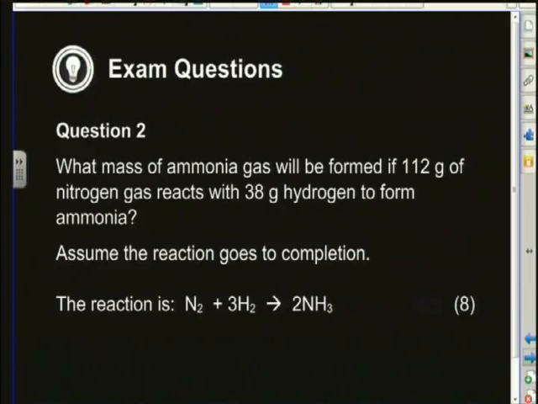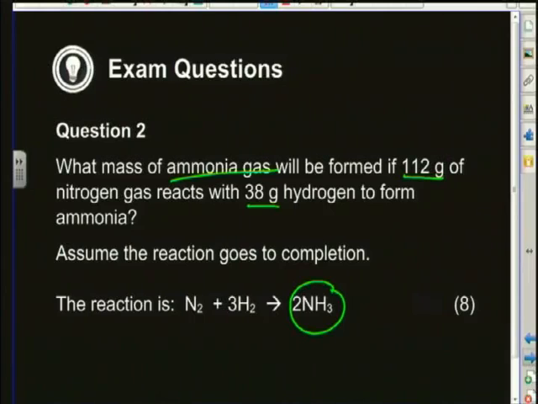What mass of ammonia gas, okay, that's the 2NH3, will be formed if 112 grams of nitrogen gas reacts with 38 grams of hydrogen to form the ammonia? Assume the reaction goes to completion. Now we've got a problem because I didn't say something was in excess.